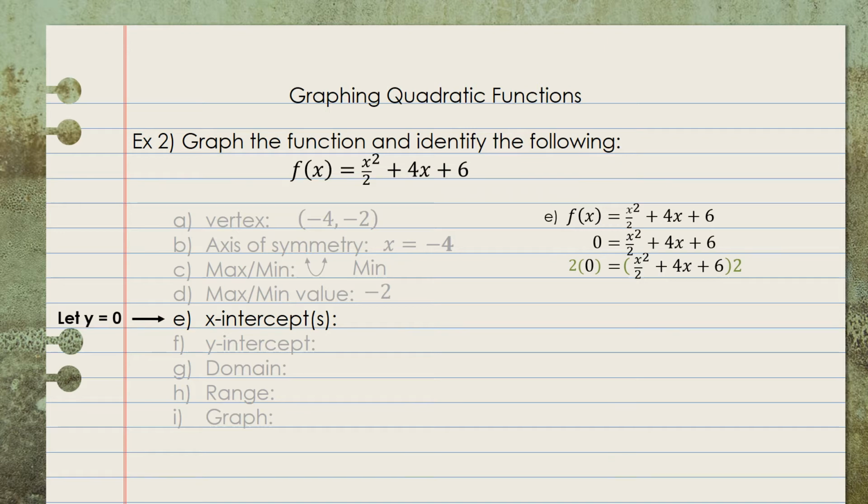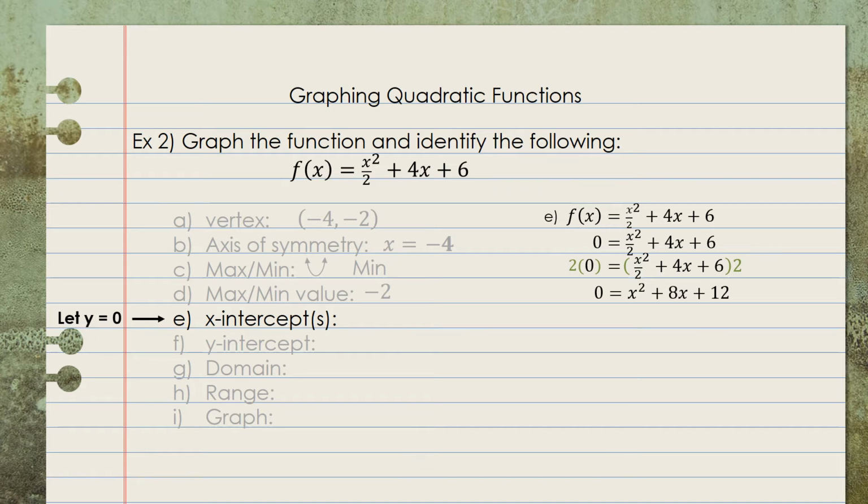And so on the left side, 0 times anything will still give you 0. On the right side, we have a 2 that will need to be distributed to each of the terms inside. And so the end result would give us the equation of 0 equals x squared plus 8x plus 12.